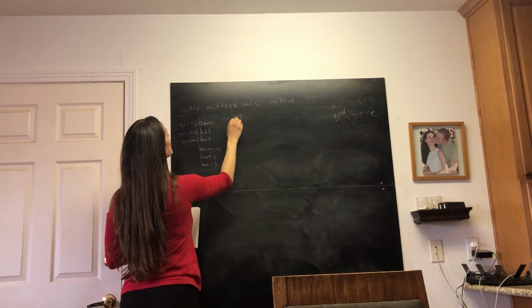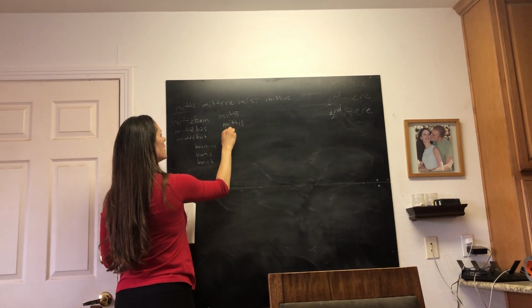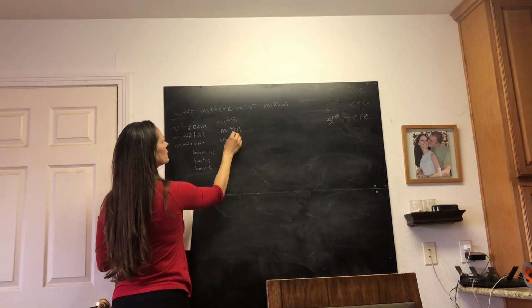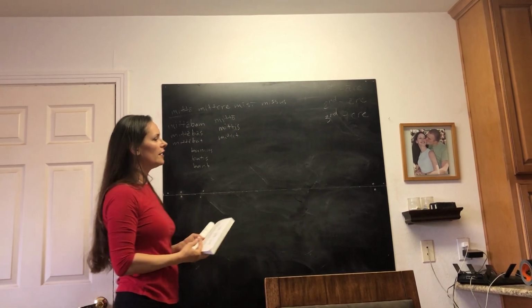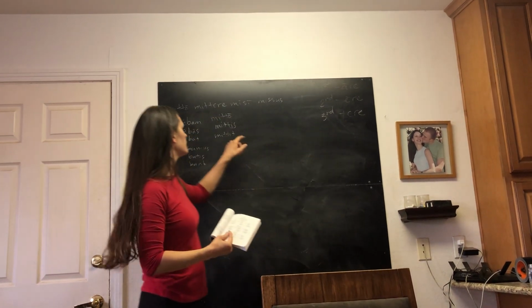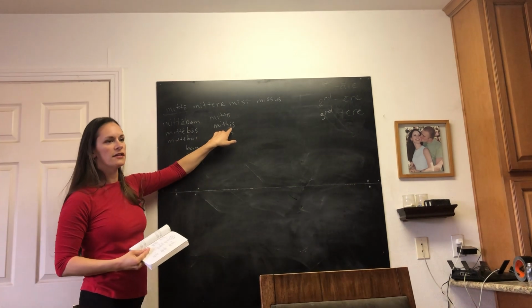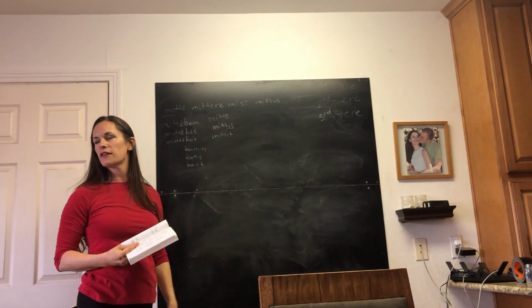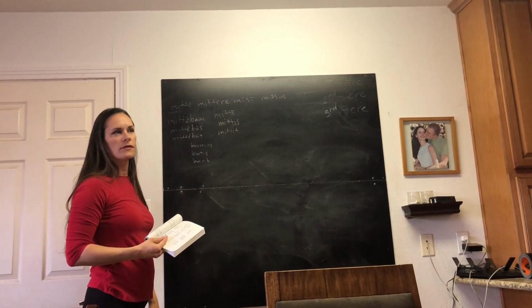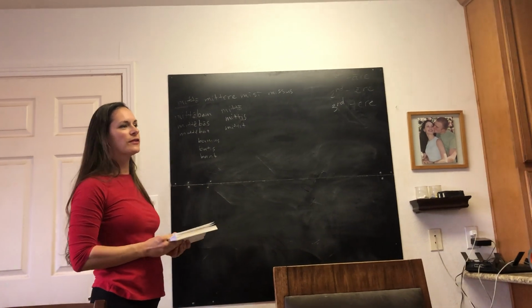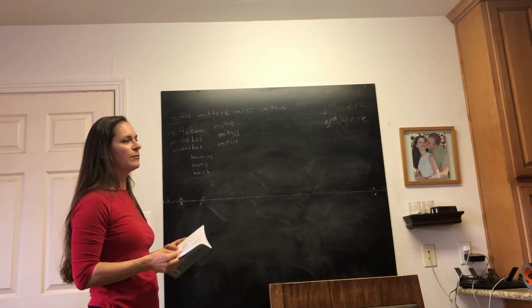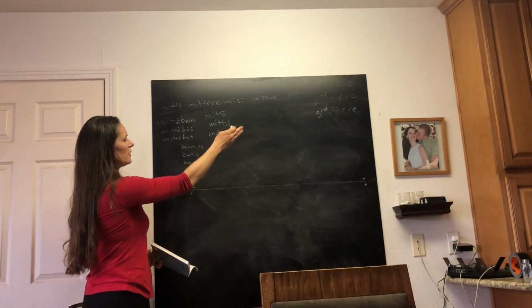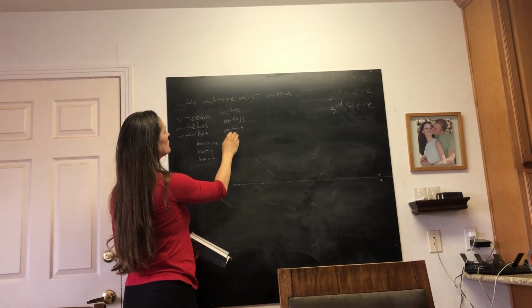Our present tense, mitto, mittis, and this is where we get our weak E, since it's not a long E. This is going to change to an I. I forget, it's called like diminutize or something. Can't remember the exact word. But it weakens. It can't hold its own, so it changes sometimes.